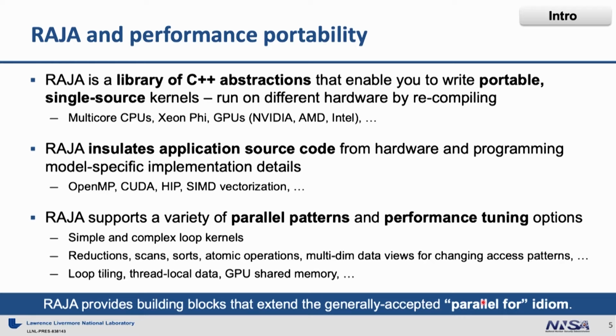I'll go over loops and complex loops that you can do in Raja, reductions. I'll go quickly over scans and sorts and a bunch of other things. And Raja enables more specific performance tuning options in loop tiling, thread local data, and GPU shared memory, which I won't go over in detail, but I'll have a few slides on those.